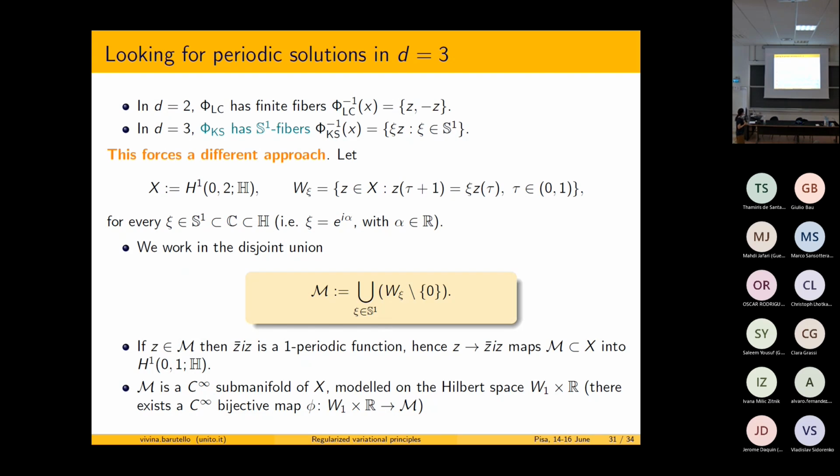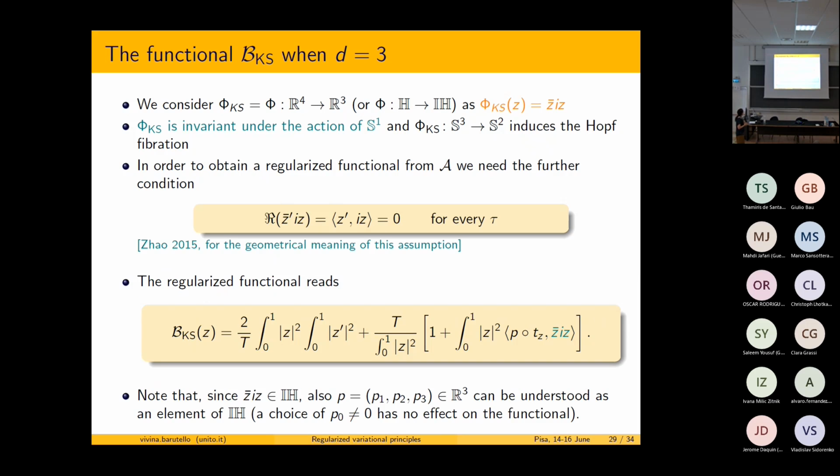Let's have a look a little bit better. We have this phi that induces a fibration. In order to make the second step, and also for the first step, you need a condition on Z. This is a natural geometric condition when you work with this regularization in R3, that is linked to the fact that you started from R4 and you go to R3.